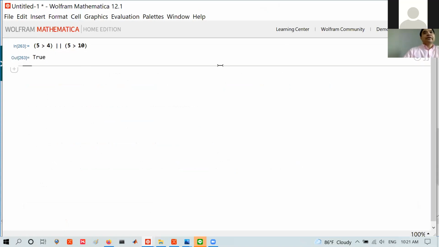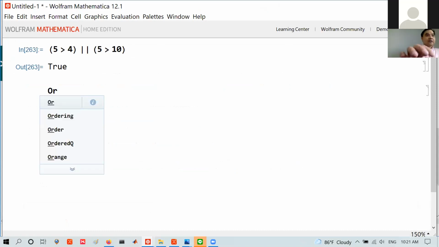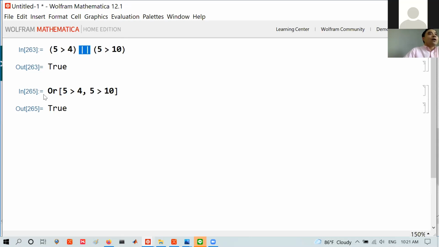It's not all true, it's only true here, but because you have this thing, which is OR, let me write it this way: 5 greater than 4 or 5 greater than 10. So it's true, the same thing. This is a shorthand for and/or. This is the function OR: this or that.